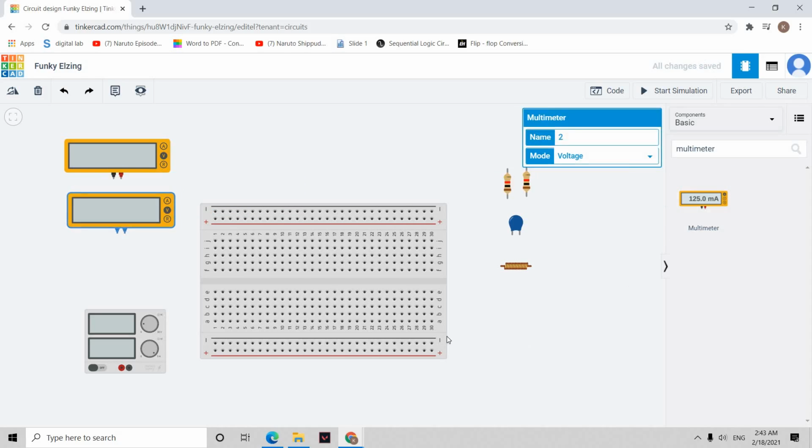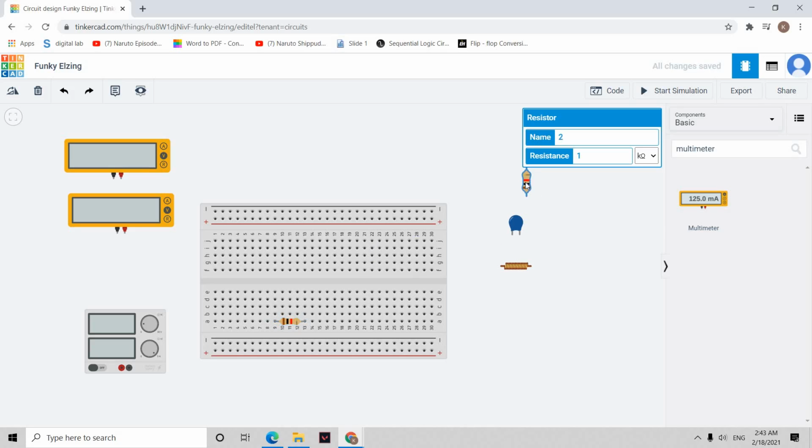Now these are the components we're going to use. I'm going to place the components on the breadboard and build the circuit. First I choose one of the resistors and rotate it, and then place the resistor over here.